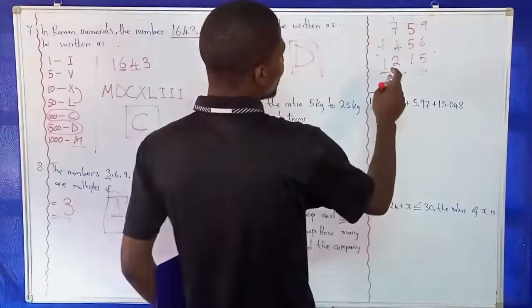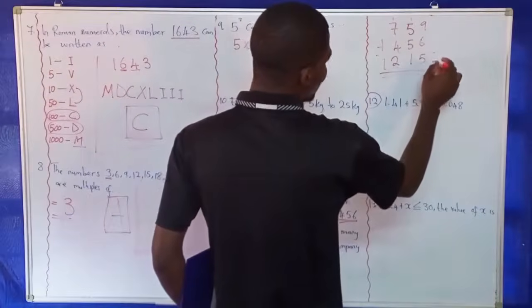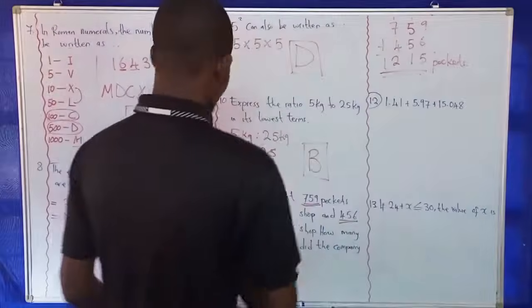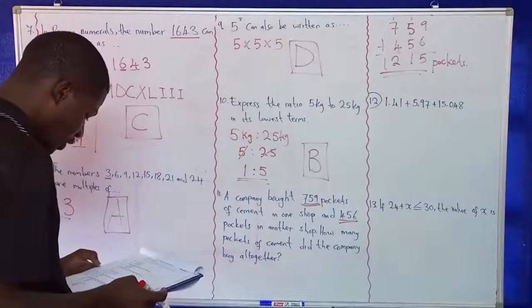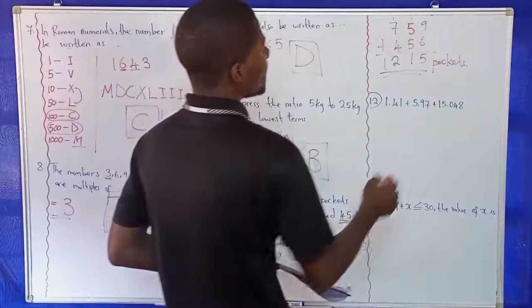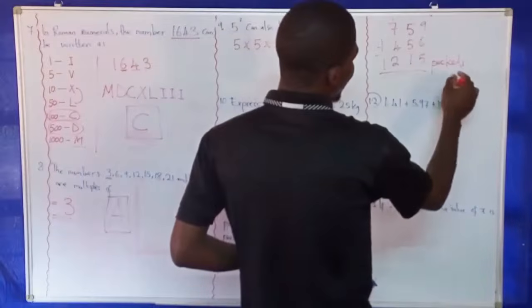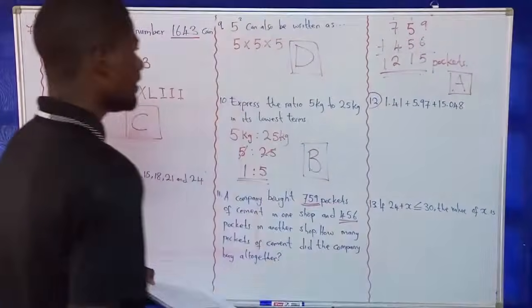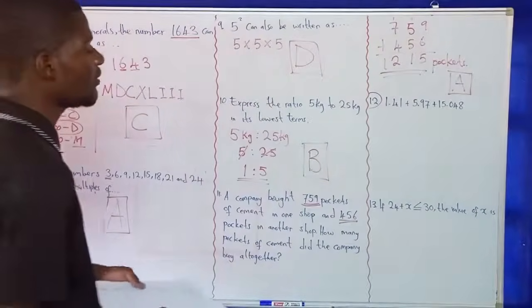So this company bought 1,215 pockets of cement. And that answer was represented as option A. So number 11, the answer was A. We go to number 12.